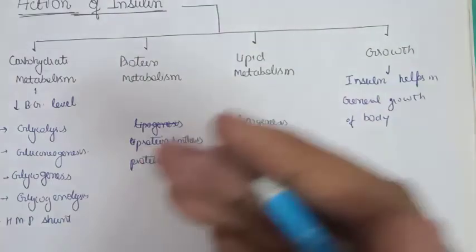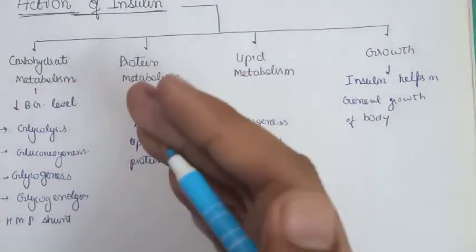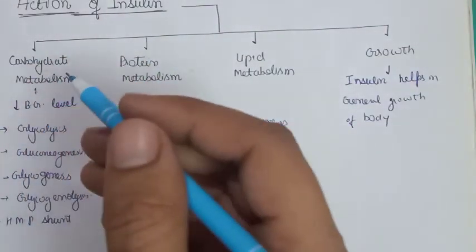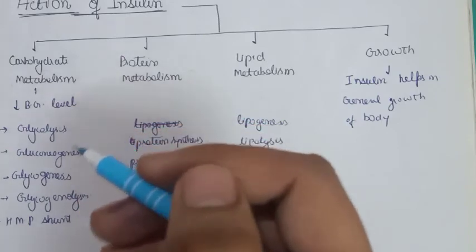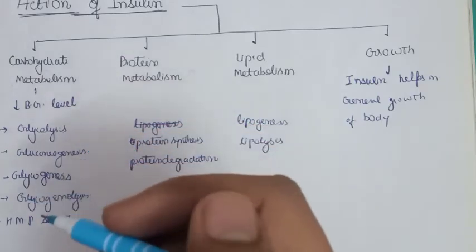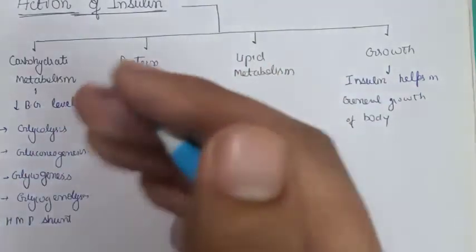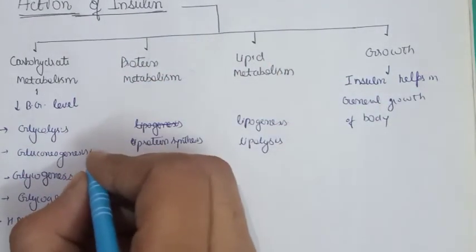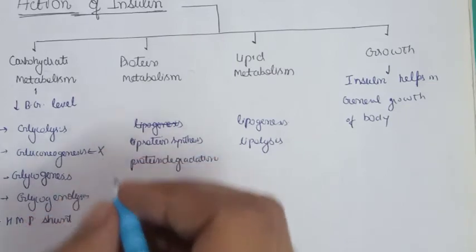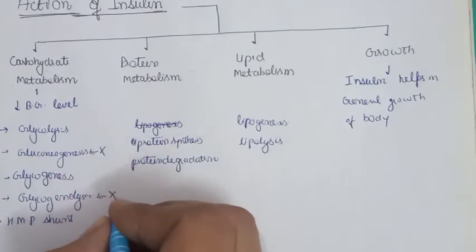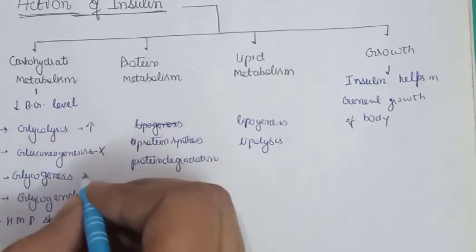So I've written down the various metabolic pathways in carbohydrate, protein, and lipid metabolism. In carbohydrate metabolism, we have glycolysis, gluconeogenesis, glycogenolysis, and HMP shunt. In order to decrease the blood glucose level, it will inhibit gluconeogenesis and glycogenolysis. All others will be increased.